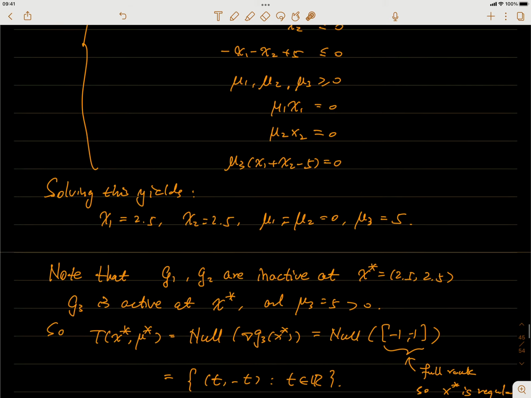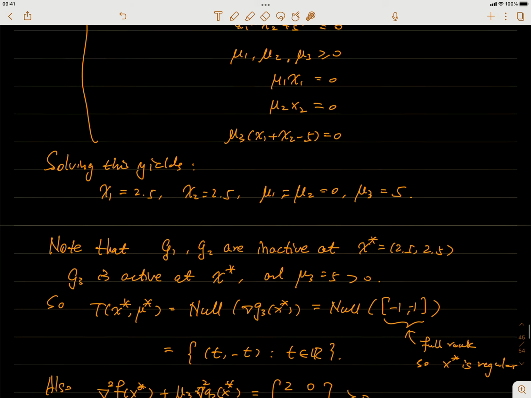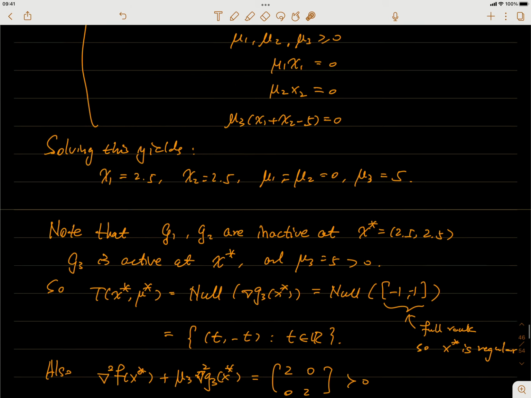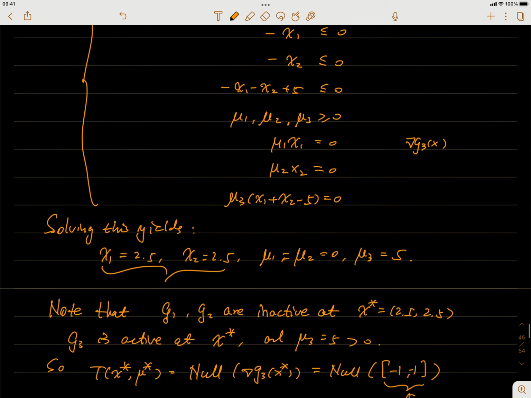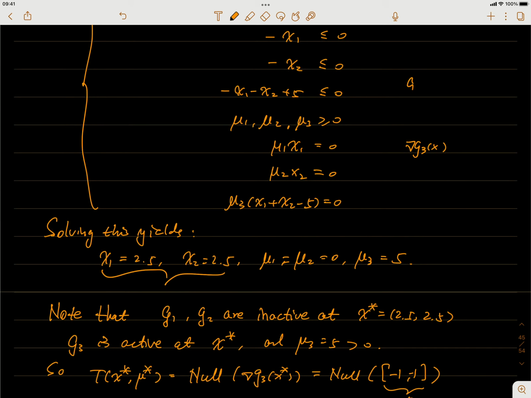If G3 is active, then we just need to check the Jacobian of G3. We need to see if this is a full rank matrix at this point. So the G3 is equal to negative x1 minus x2 plus 5.